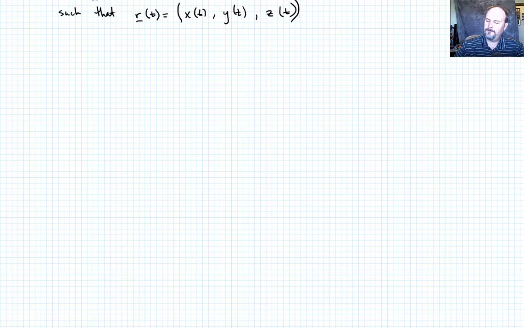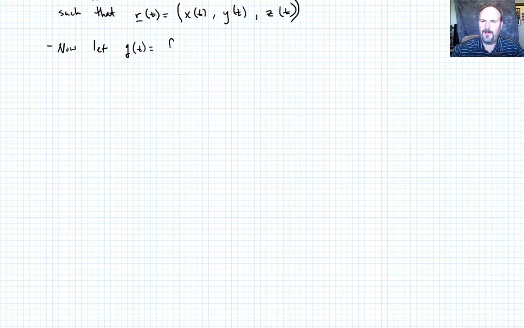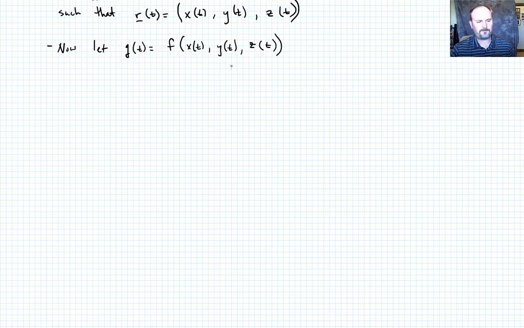Okay, now we're going to introduce a new function. Now let g of t be equal to f of x of t, y of t, z of t. So this is now just some single-valued function of t.